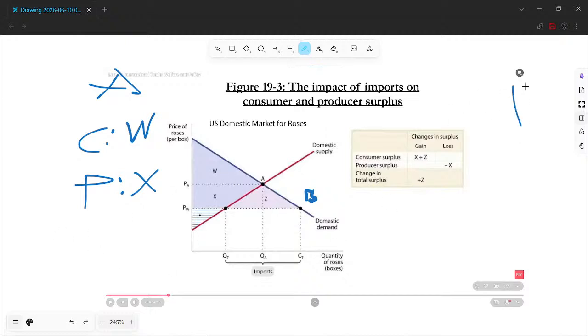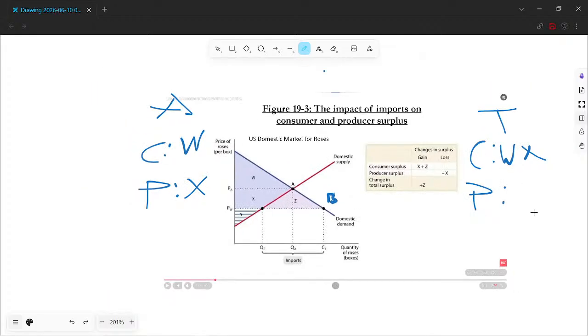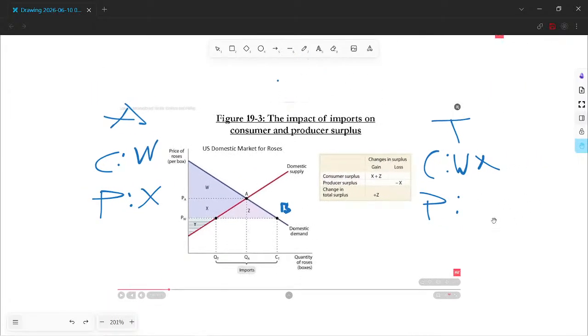But now with trade, we have C, P, right? Now we have W, X, and where X is now this as well. Really, there should have been another letter here, but X, let me zoom out a little bit. And Z. And producer surplus is just Y. Okay.